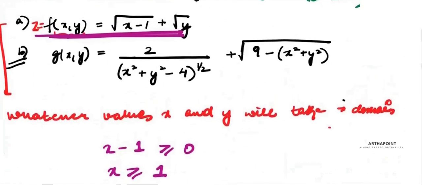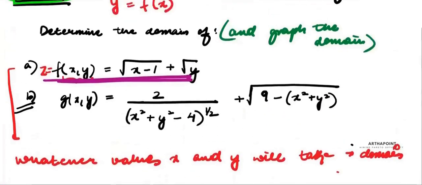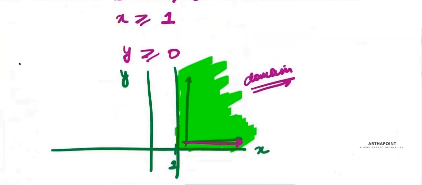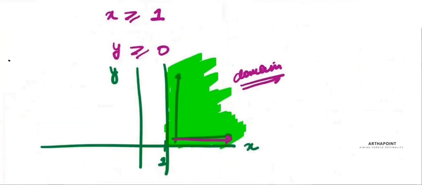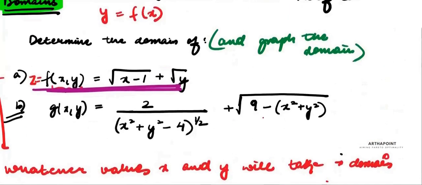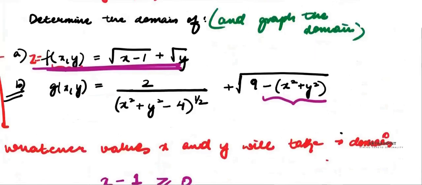Now let's see the second part. It is given that g of xy is equal to 2 upon the root of x square plus y square minus 4, plus the root of 9 minus x square minus y square. Okay, let's see how to solve this.